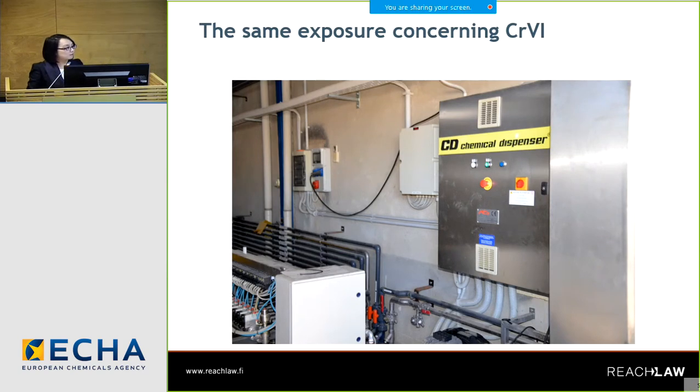Before the worker opens the tank, there is a reduction reaction in the tank, so all the remaining Chrome 6 was already reduced to Chrome 3. Because of that, you have a very strong argument. All these companies, manual or automatic, fancy or less fancy, have the same risk level.